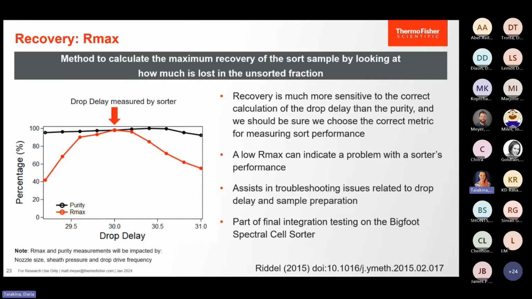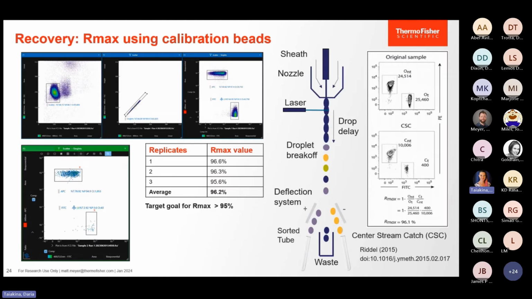So we actually implement this in our manufacturing final integration testing of Bigfoot to ensure that not only the purity is good, but the recovery of the system is good as well. And this is just kind of going into how we measure it using an example in a Bigfoot SQ protocol that we run in manufacturing.